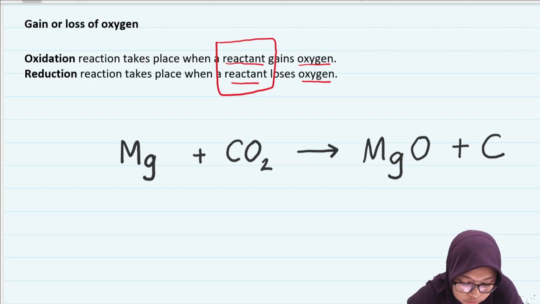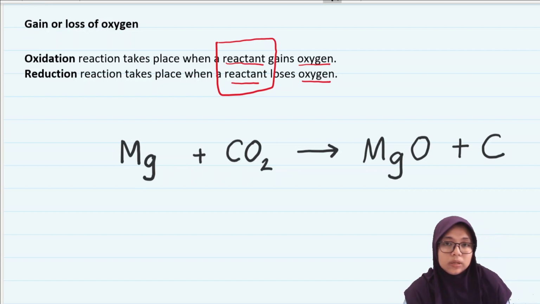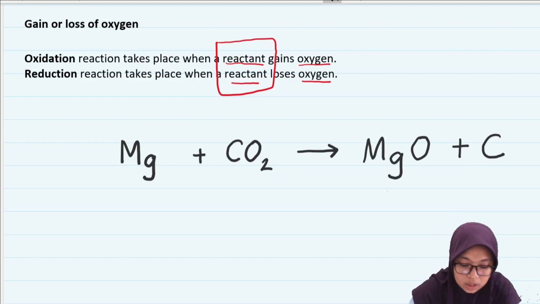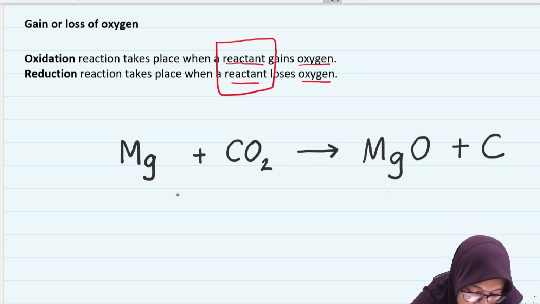For this reaction, as you already know, you have learned during your Form 3 that magnesium is a reactive metal. So magnesium can remove oxygen from carbon dioxide. Okay, because magnesium is more reactive. Magnesium is a reactive metal. So what happens is that magnesium will take the oxygen from the carbon dioxide to form magnesium oxide.